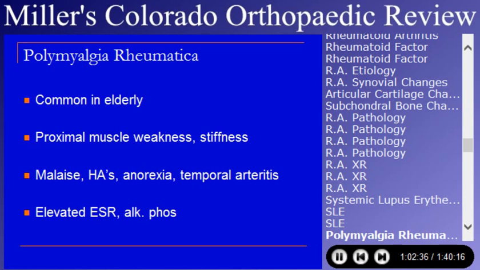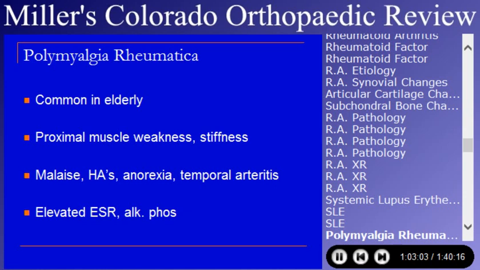Temporal arteritis is commonly associated with it, and a means of making the diagnosis is often to biopsy the temporal artery. It's associated with an elevated sedimentation rate and alkaline phosphatase. The muscles can become very inflamed on MRI scanning and suggest infections and even at times tumors.